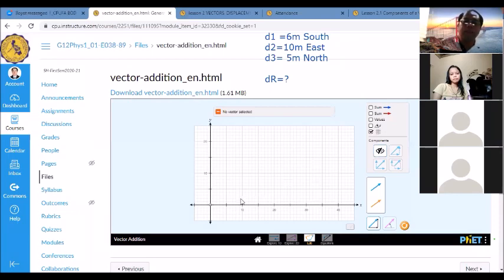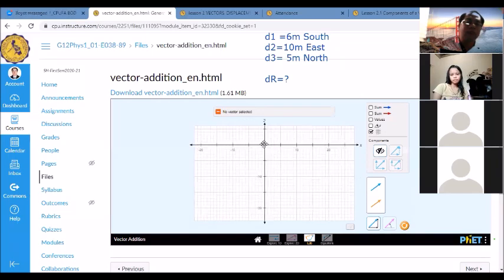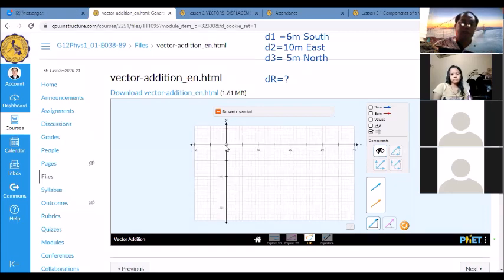In our simulator, guys, we can adjust this point here and move it up. We can click and drag it, if we need space below. We move it up because in our given example, we are going to go down south. So we go down south and we drag a vector.